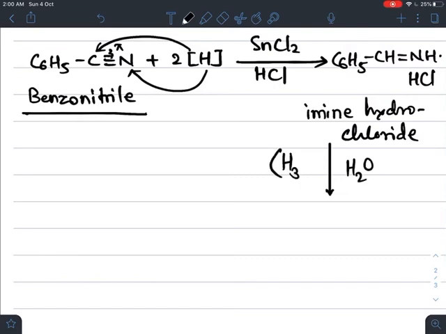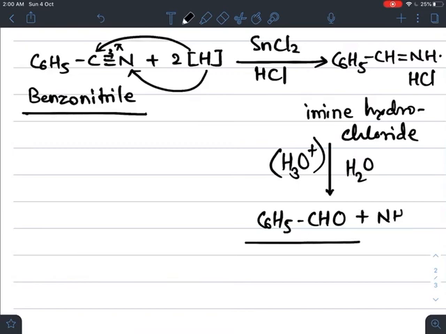So addition of water takes place, or we can write H3O plus on the arrow. During this acid hydrolysis the double bond breaks, and finally we get C6H5CHO, benzaldehyde, with the removal of byproduct NH4Cl.